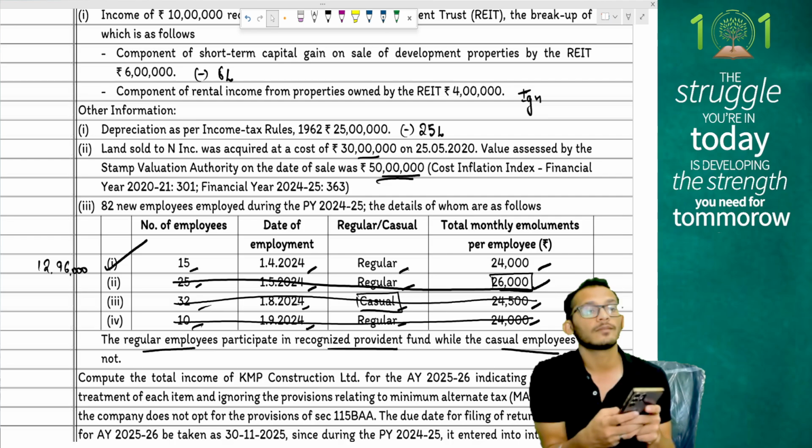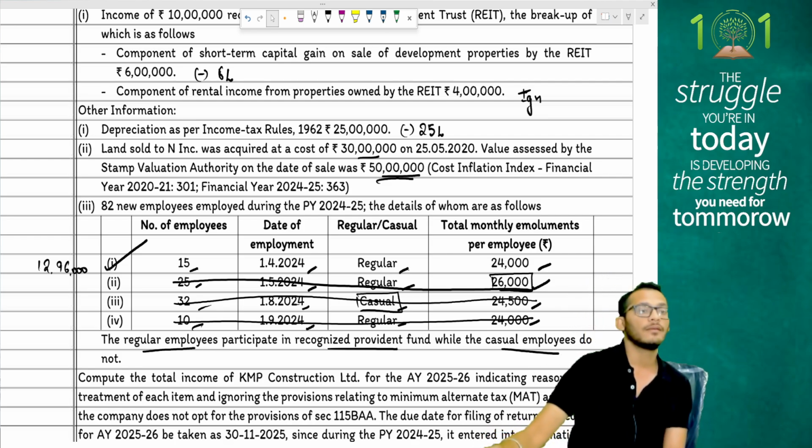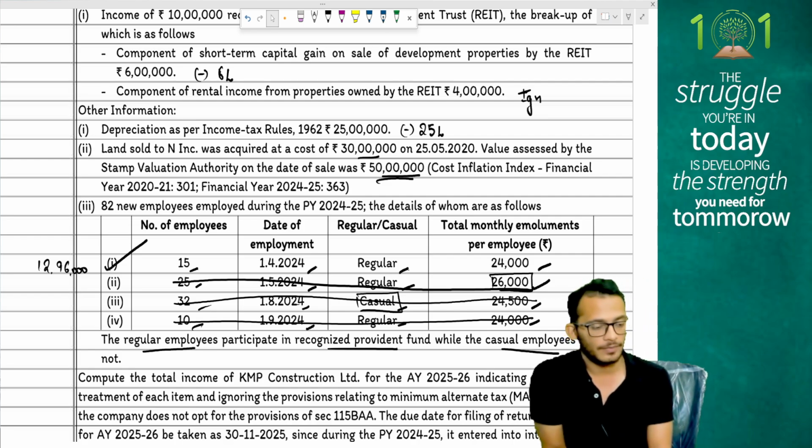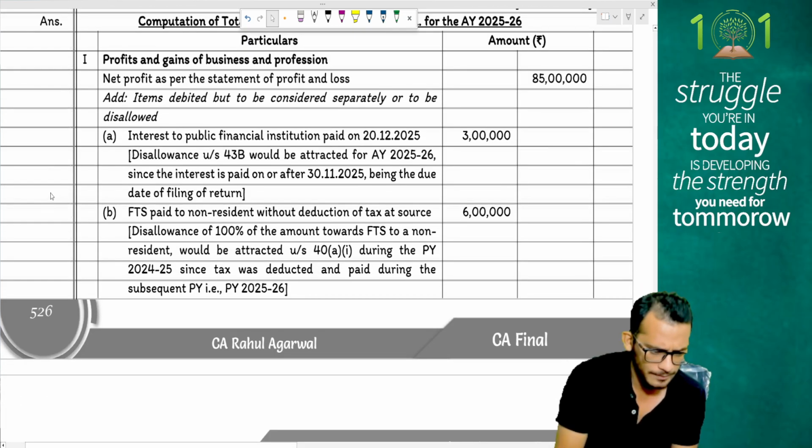Whichever is higher, the number goes into the first column. Number is 50 lakhs. Next line, less COA.